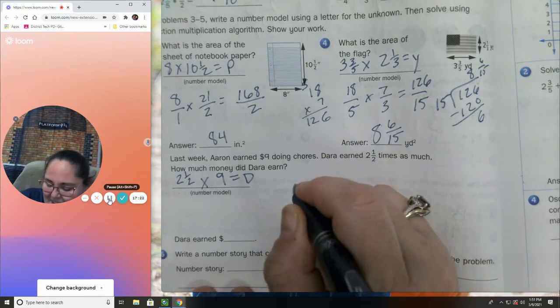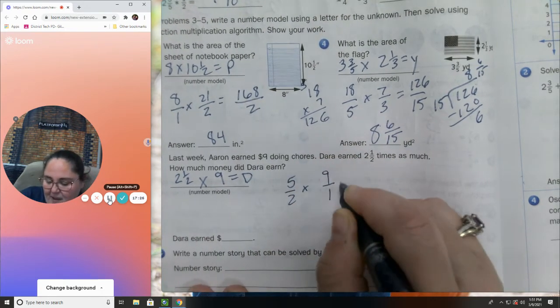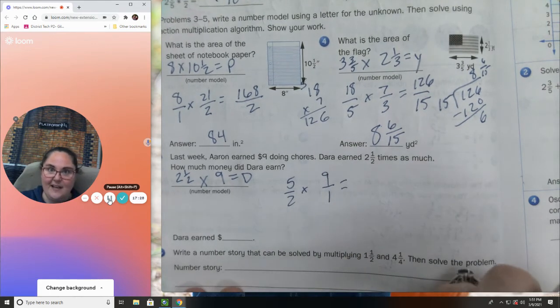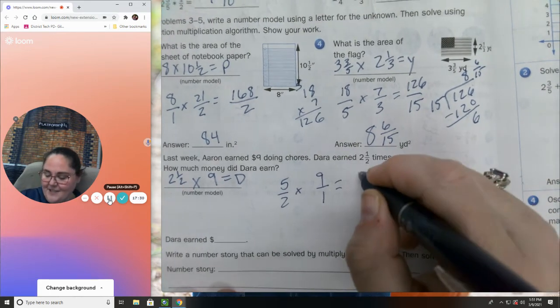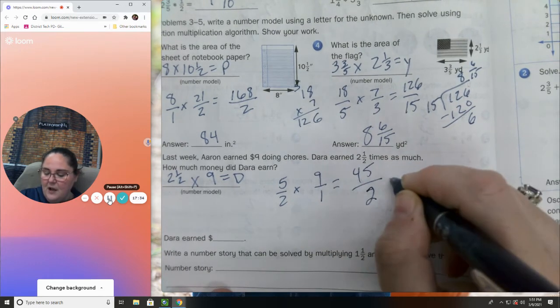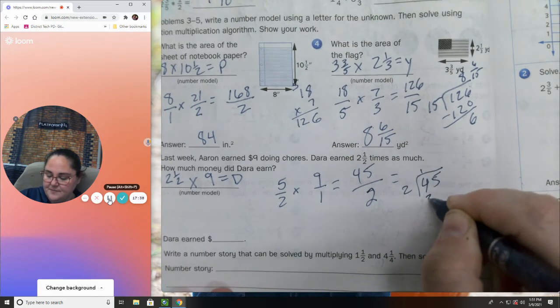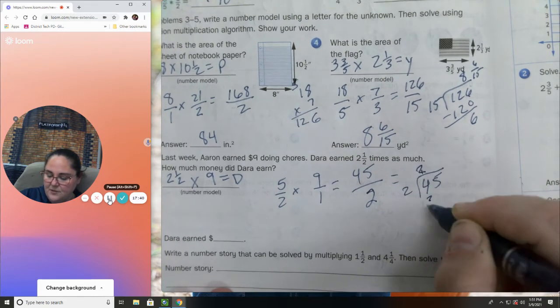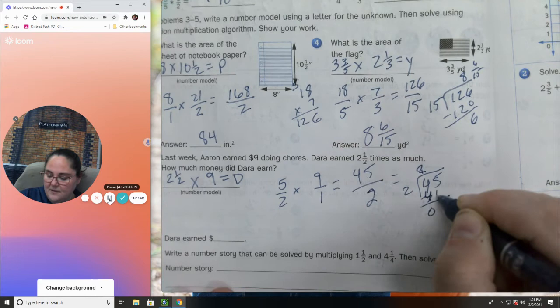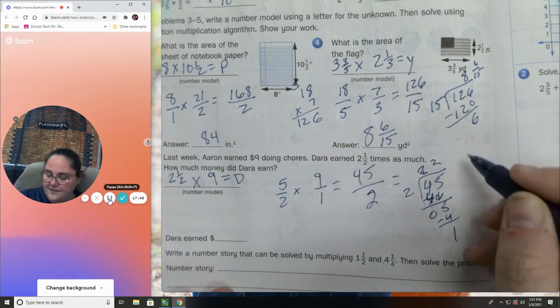All right, 2.5 is the same as 5/2 times 9 over 1, because that's how you write 9 as a fraction. 5 times 9 is 45 over 2 times 1 is 2. 45 divided by 2 is 22 with 1 left over.